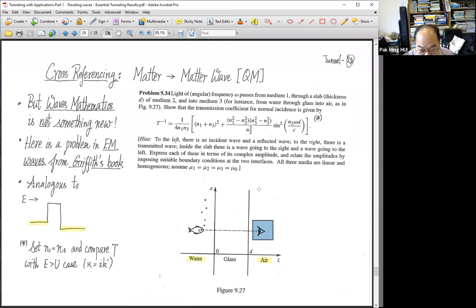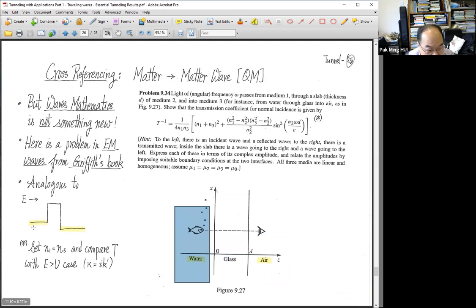So this is air, ocean park, okay? So this is glass. So what I mean is this is epsilon 3, epsilon 2, dielectric constant or refractive index, and this is epsilon 3, okay? So you have region 1, region 2, region 3.